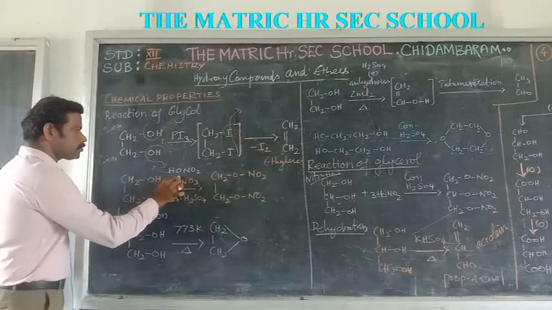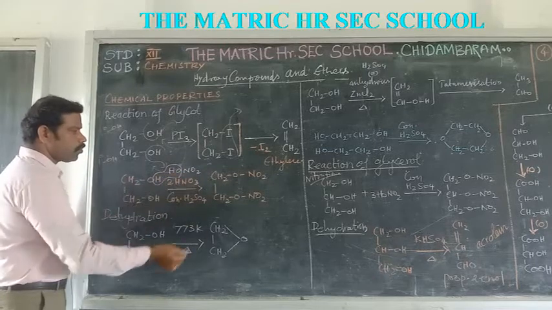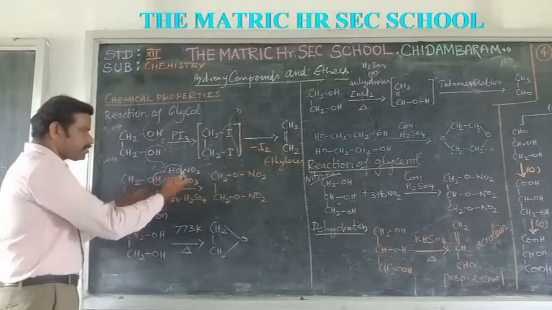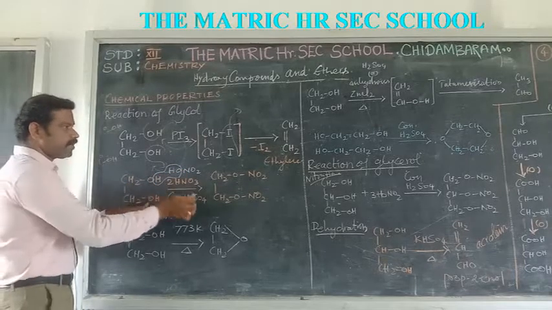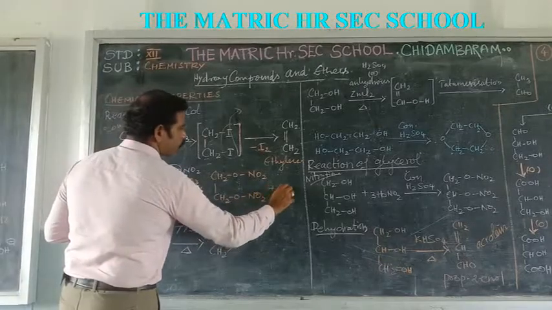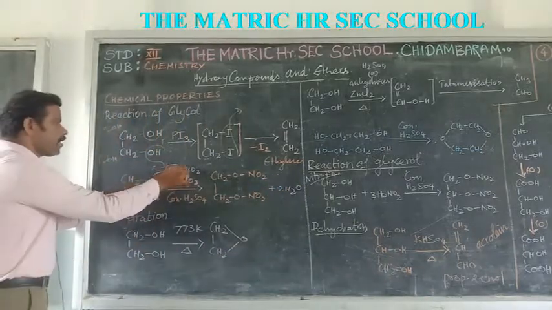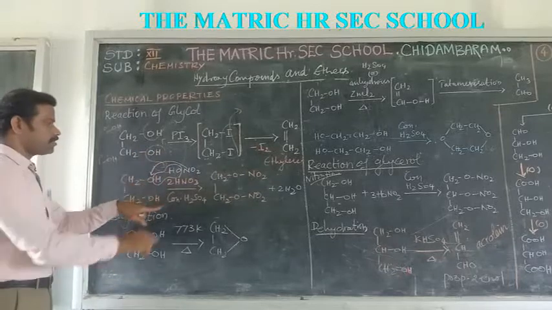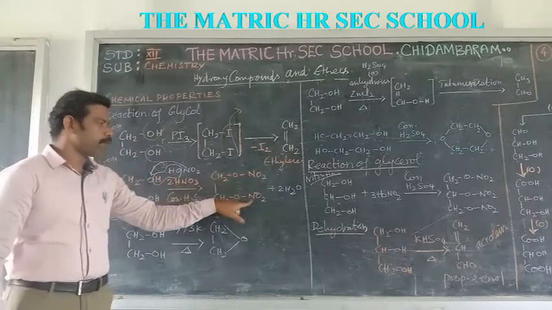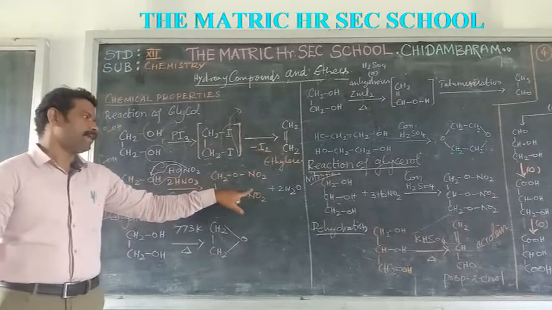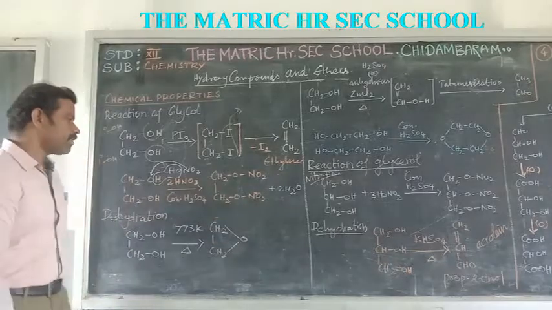One water molecule, HO and H, is removed, H2O. Similarly, another water molecule is removed at the other hydroxyl, so you get 2H2O removed. The NO2 group substitutes at this oxygen, and another NO2 group substitutes at the other position. So you get ethylene dinitrate, or dinitroethane.